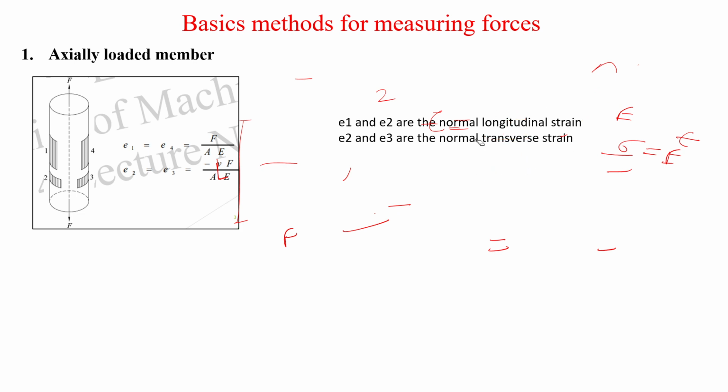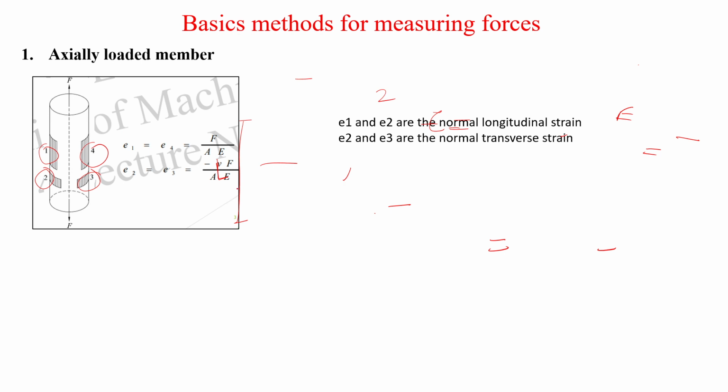So here what we have done, this is the axially loaded member which is having an axial force F. Now we are stretching this member, and you can see some strips of material attached to this member. These are the strain gauges actually, 1, 2, 3 and 4.